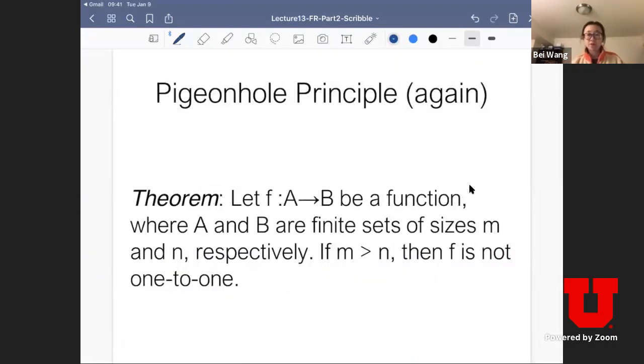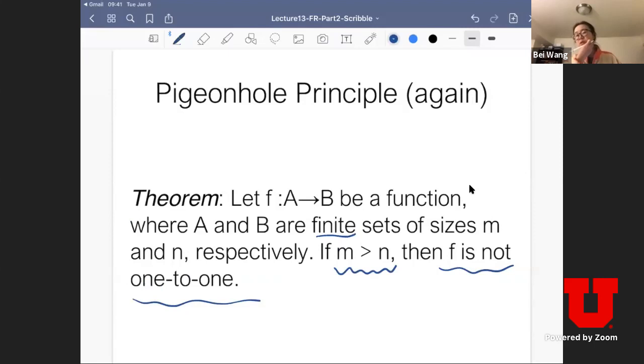There is a version of the pigeonhole principle. If there's a function mapping from one set to another, and they have to be finite sets, if m is bigger than n, then f is not one-to-one. What does this mean?